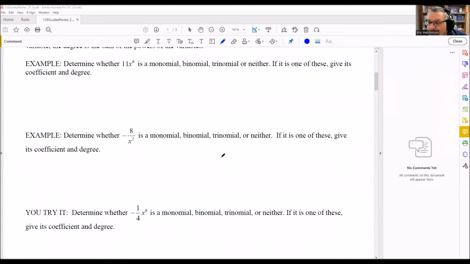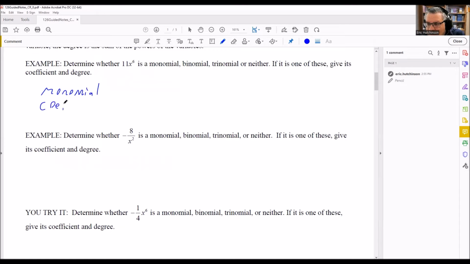What we're going to do for these problems is we're going to identify whether it's a monomial, binomial, trinomial, or neither. So if it is one of those first three, then we want to give its coefficient and degree. So this first one, we only have one term. And so this is going to be a monomial because it has one term.